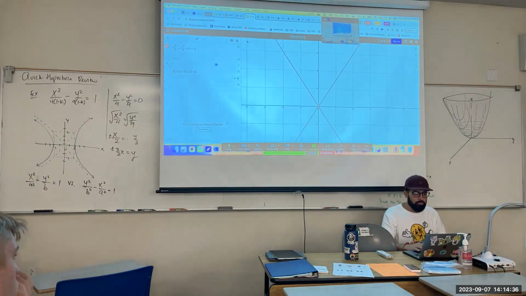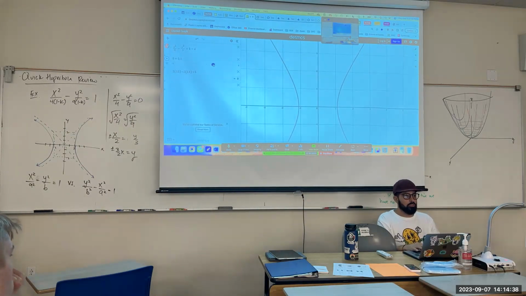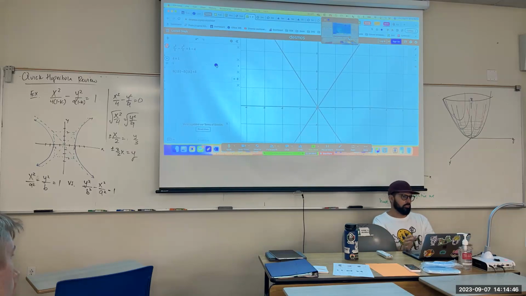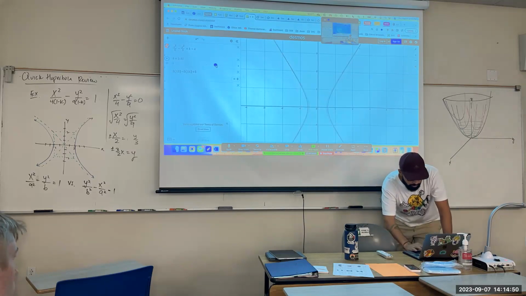They swap, yeah. So originally they were opening in the x direction, but once k gets bigger than 1, they swap. Okay? That's what I wanted to show you, because that's where it's really weird. So they go like that, and then bloop, they'll swap like that. So I just wanted to show you that.